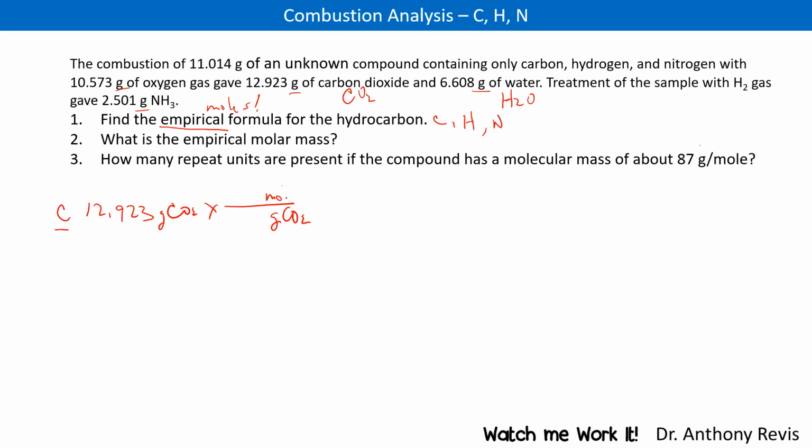Then the relationship swings up to the top, and so we have grams per mole of CO2. Then we do times moles CO2 on the bottom to moles of carbon on the top. This is our interconversion factor here, where we go from one species to the other. And that's what we need, moles of carbon.